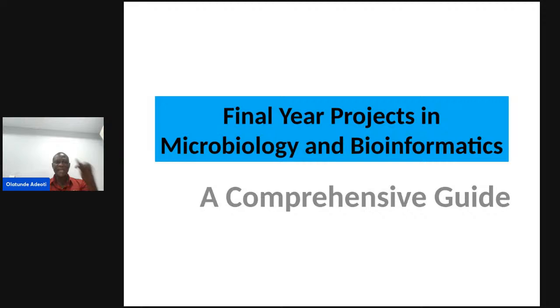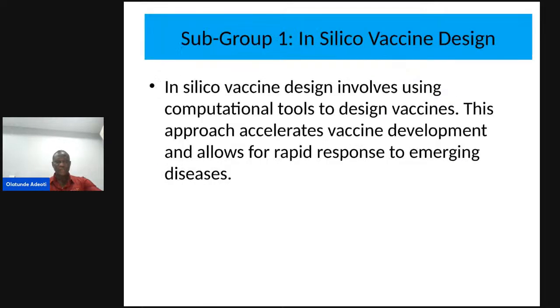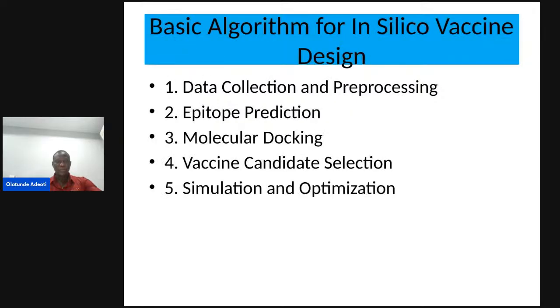Okay, without wasting your time, let me just run through the list of algorithms we are going to use for vaccine design. The first one, which I call data collection and pre-processing, is what I have told you. The next one is epitope prediction.